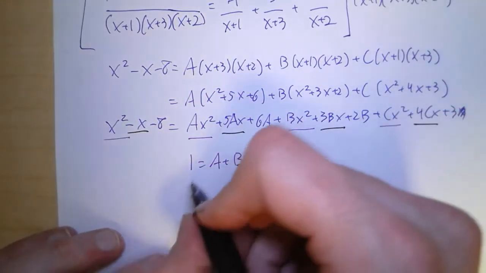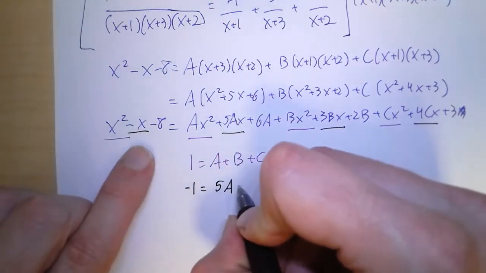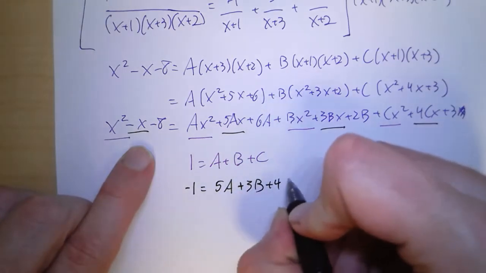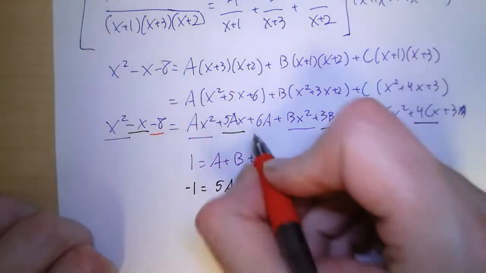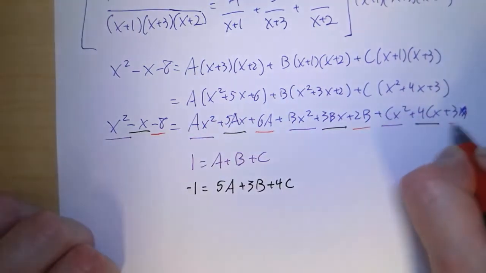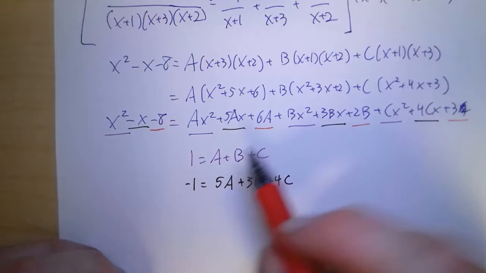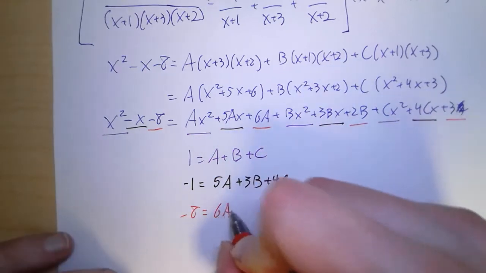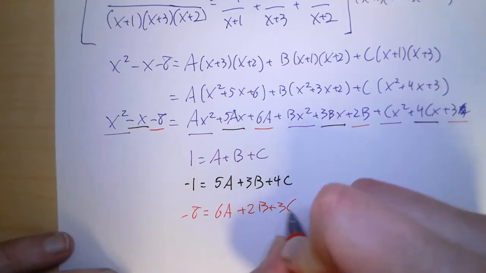Here the coefficient is -1, so -1 is going to equal 5a plus 3b plus 4c. And then finally, we have the term that doesn't have any x attached to it. That should be 3c. And so that's going to be -8 equals 6a plus 2b plus 3c.